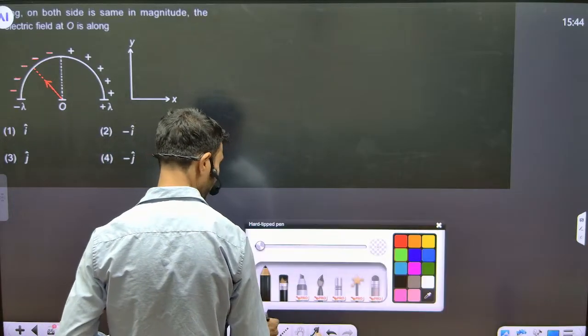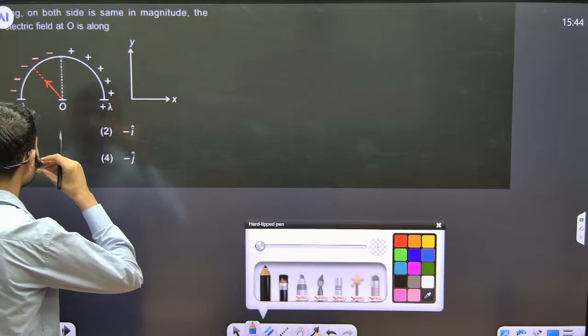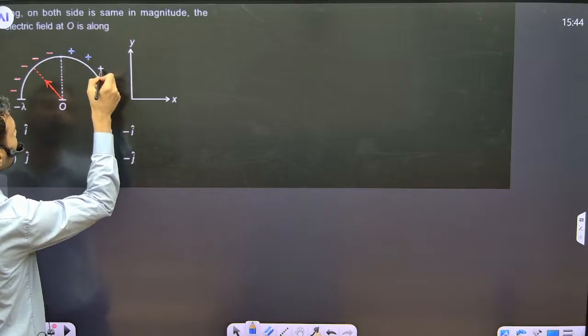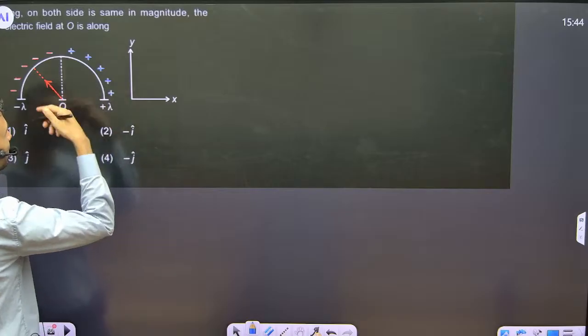And for the positive charge, the electric field will be, let's see in which direction. It will be away from it, right?